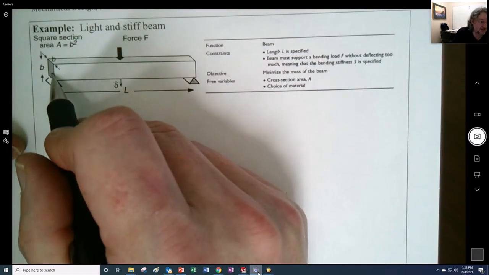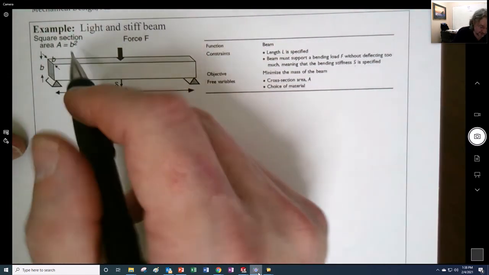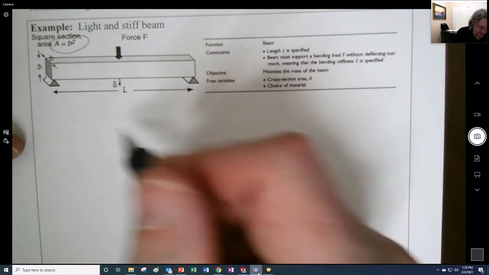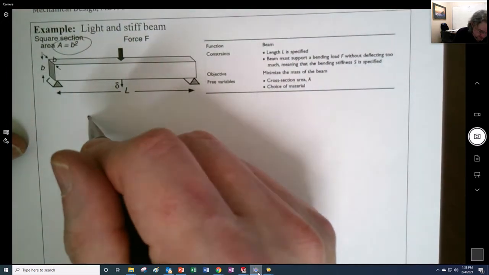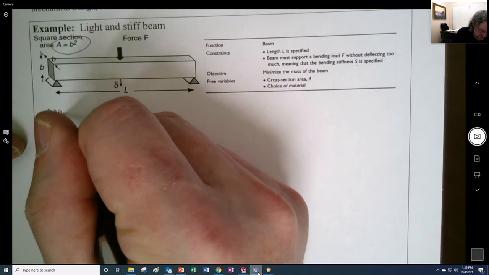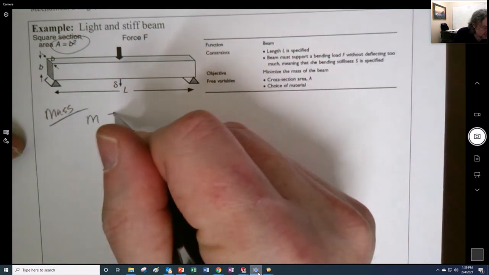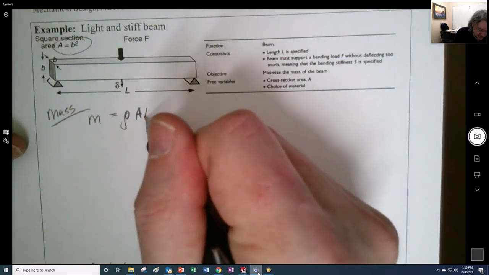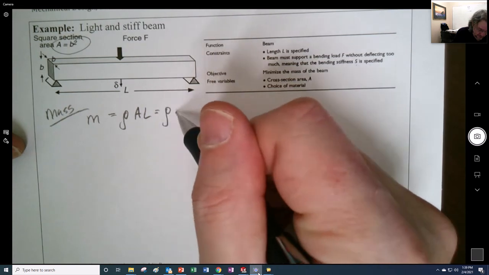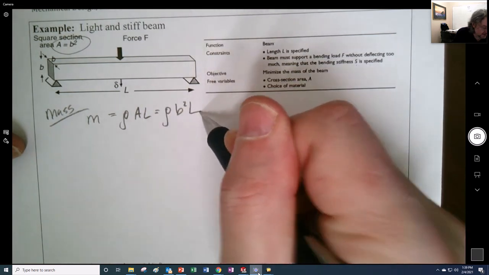And it's got a square cross section that really helps us. The area is A = B squared. So the mass of the thing is going to be equal to rho A L, and therefore rho B squared L, right?